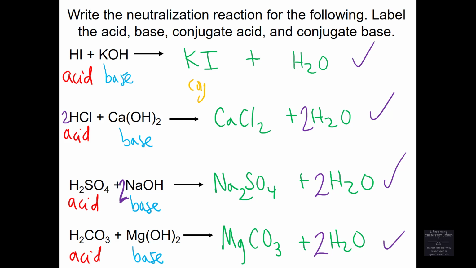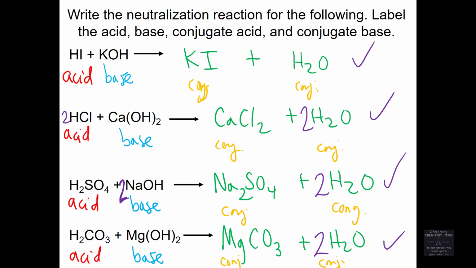Everything on this side is a conjugate something. I know my handwriting is illegible, but that's a C-O-N-J in all of these things. The acid becomes the conjugate base. The base becomes the conjugate acid.